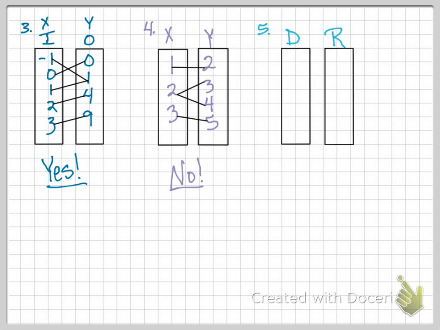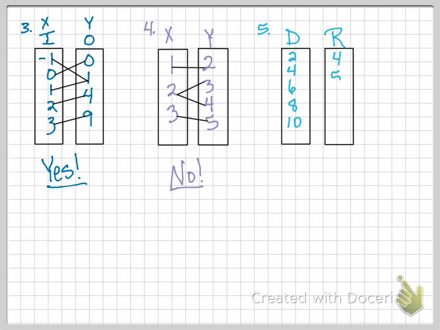Here we have a domain of 2, 4, 6, 8, and 10. My range is 4, 5, 6, 7.